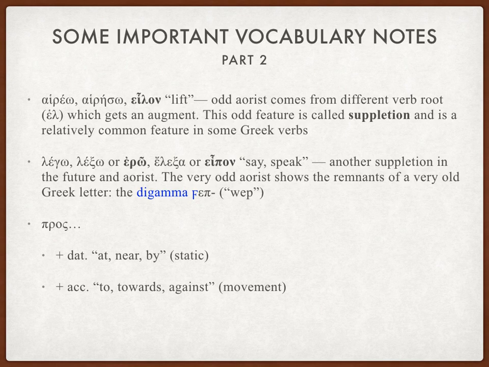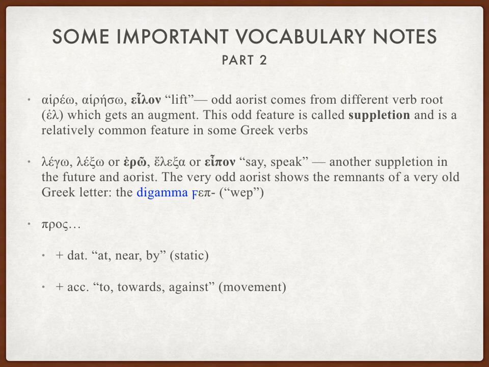What you're looking at in the aorist with eipon is actually the result of a very, very old Greek word, and something that I'll talk about a little bit when we look at some of these weird forms a little later. The original root of eipon comes from the word wep, which starts with a very old Greek letter that drops out by the time you get to the Attic texts that you're reading later next year. For example, wep, with a digamma, which makes a W sound, looks like a lowercase f that drops below the line.